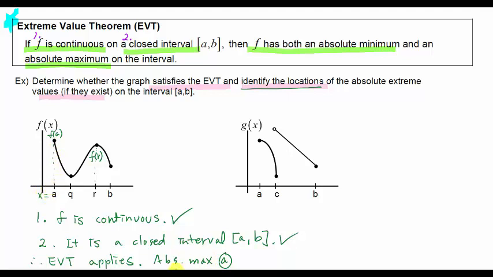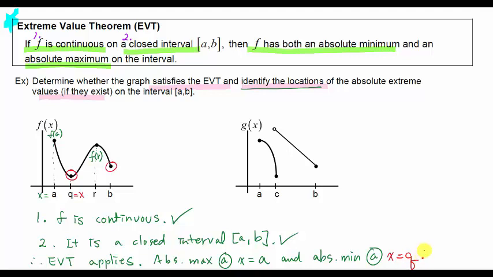So the absolute max is at x equals a, and the absolute min at... clearly, we can see that this is the lowest compared to this one. That one's higher than f of q. So f of q is the lowest function value, so that's the absolute minimum, and it is happening at x equals q.